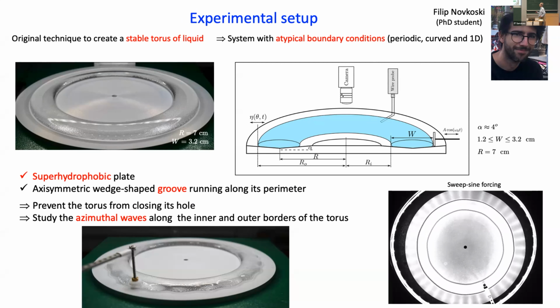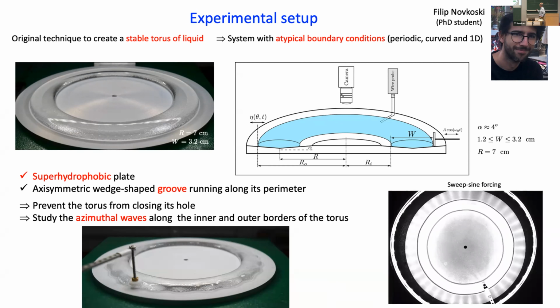This prevents the torus from closing its hole, and we also machine an axisymmetric weight-shaped groove running along its perimeter. This groove prevents the torus from closing its hole because the fluid needs to move up the slope.